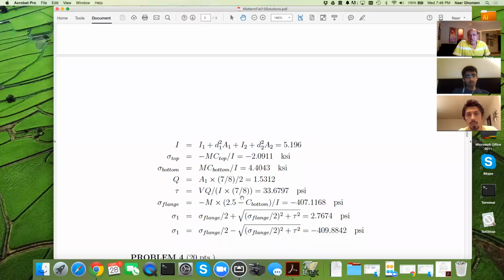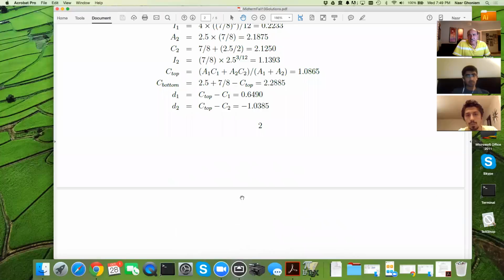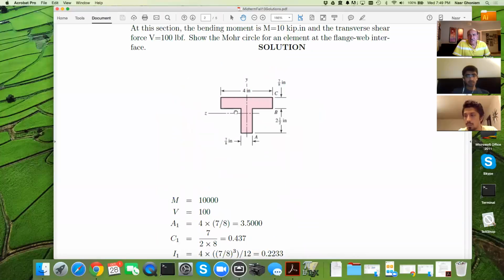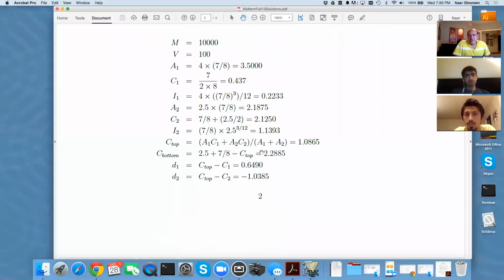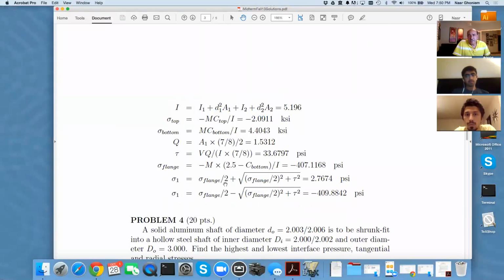And now what is required is that we want to find the principal stresses at the flange, like at these locations. So we could determine, let's say, we want the principal stress at the intersection between the flange and the web, which is like this region here. So we would have to find the tension or compression, and then the shear, which we found, and then we can combine them using Mohr's circle to find the principal stresses.